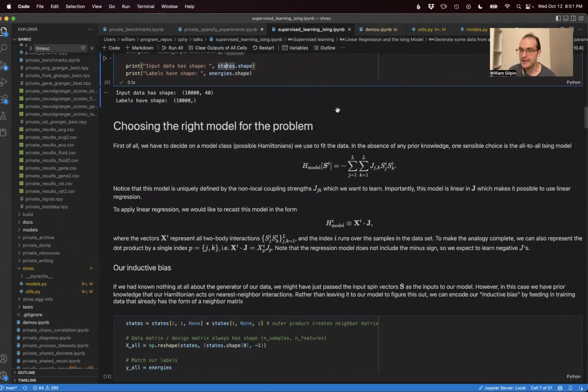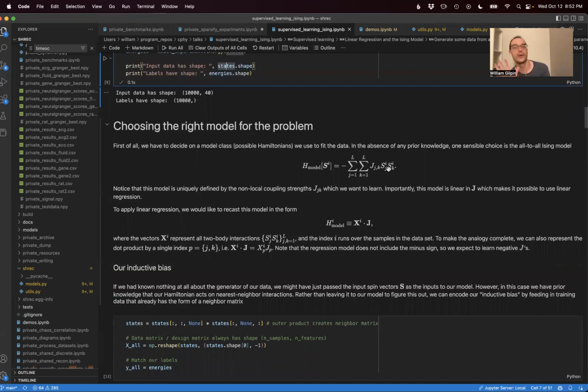Okay, so there's a reason that we might choose to use linear regression for this problem, and even for a problem where we didn't have access to the Hamiltonian. So the idea here is that I have nearest neighbor interactions, and so on some level you can write the energy as a double sum over the matrix elements of J. So J is a big matrix. It just so happens that for nearest neighbor it has a single dominant term on the diagonal and a bunch of zeros.